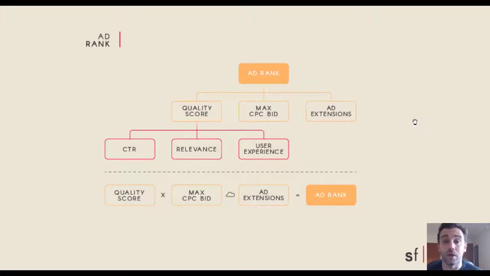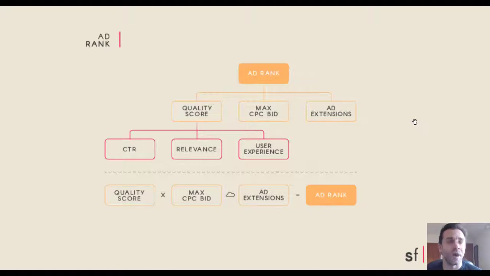And the third one that you can put on there is what's known as structured snippets. And this basically allows you to pick from different headings. They range from things like service types, courses, brands, I think is another one. Again, based on your business model and vertical, you pick the one that's most suitable for you.